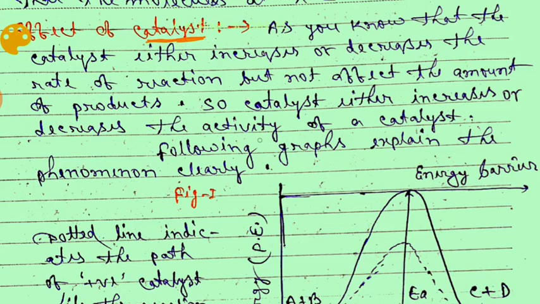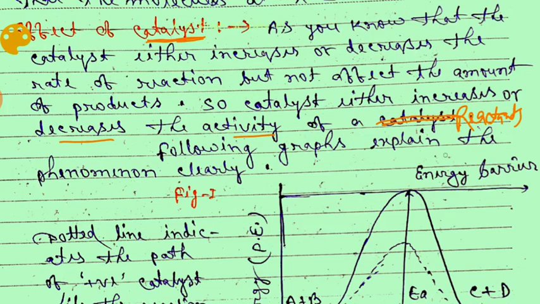If rate of reaction is decreased, that is called negative catalyst. No problem in it. So the catalyst either increases or decreases the activity of a reactant or reactant molecules.